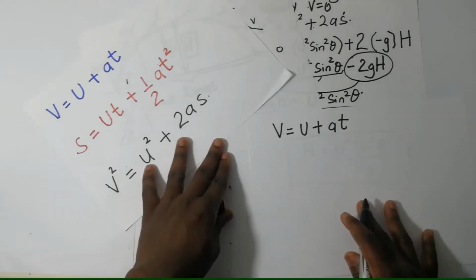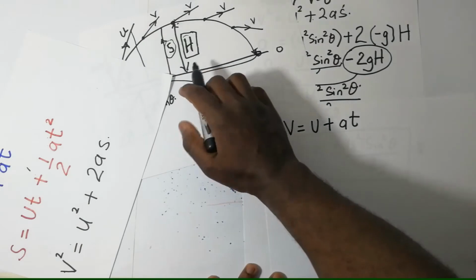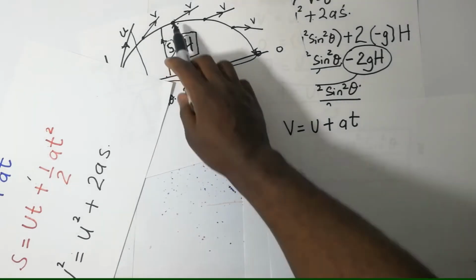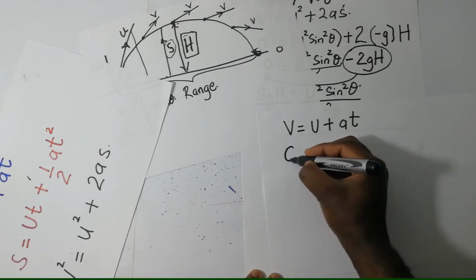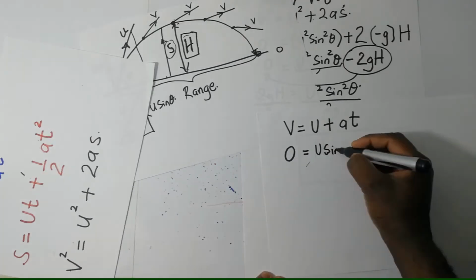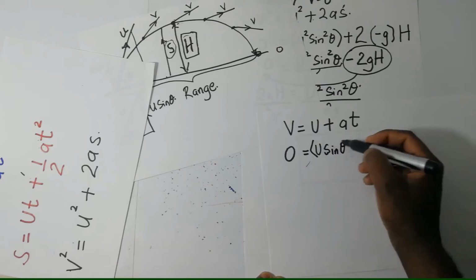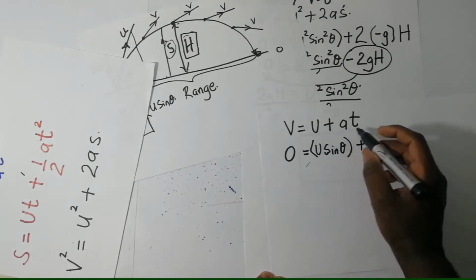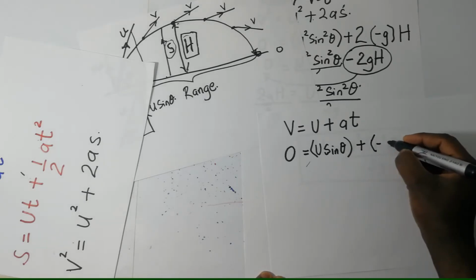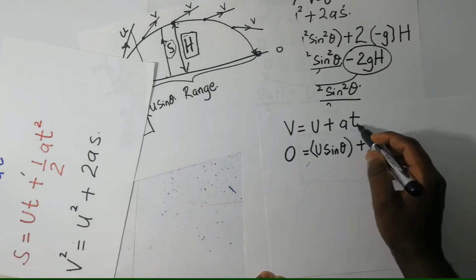And now we are saying that using that, when we reach maximum height, the velocity is 0, right? So at maximum height, velocity is 0, which is going to be u sine theta, plus gravity, which is negative g, times time.